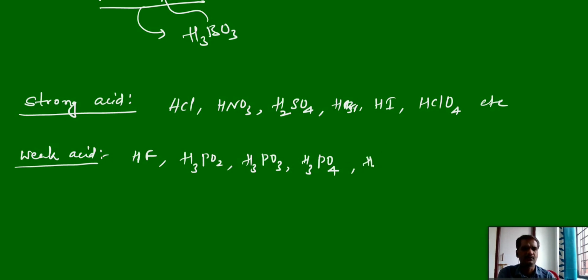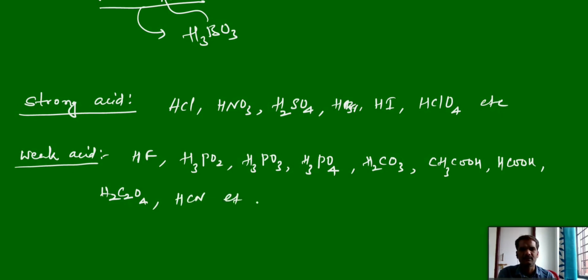Apart from this, mostly organic acids, carbonic acid, acetic acid, almost all organic acids come under weak acids. Comparatively only, compared to the strong acids, they are a little weaker. Formic acid, oxalic acid, all these acids we will use frequently. Whatever acids we will use further, that only I am writing here, not all. Hydrogen cyanide, etc. And these are the weaker acids, just remember.